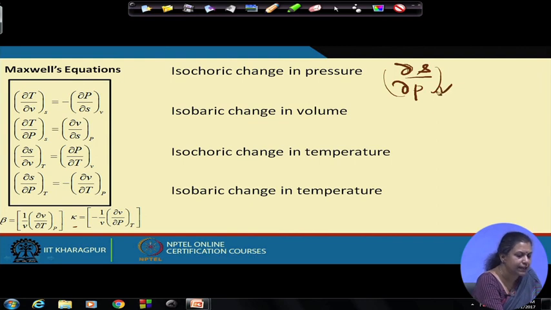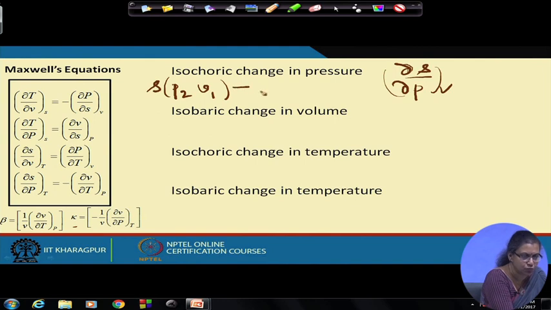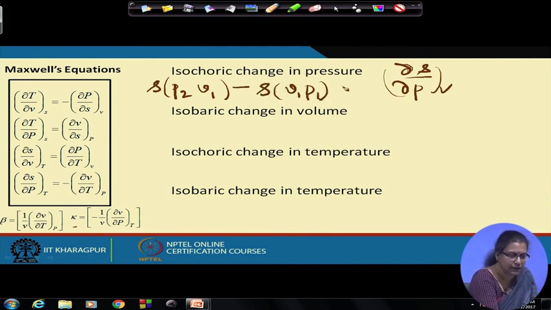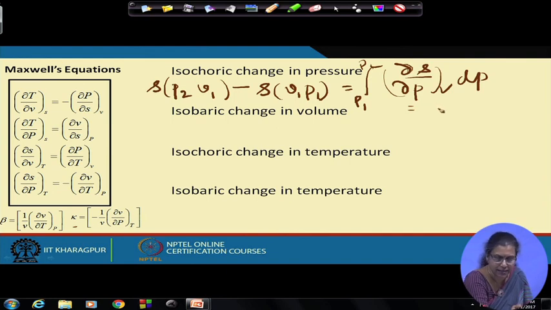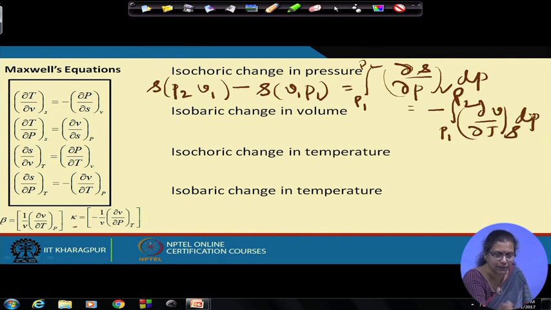If you see the first Maxwell's equation, this will be equal to minus del V del T at constant S. So, therefore, we can write the change in S from a particular initial state, P1 V1 to P2 V1, as the integral of del S del P at constant V dP from P1 to P2, which can also be written as minus the integral from P1 to P2 of del V del T at constant S dP. Right.